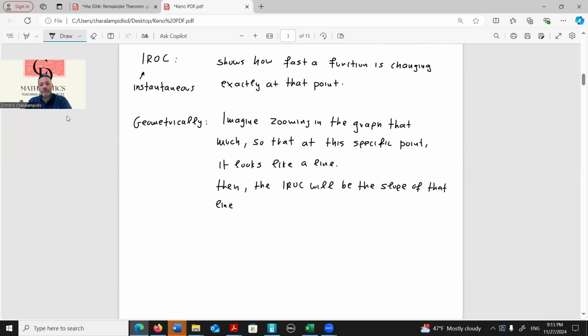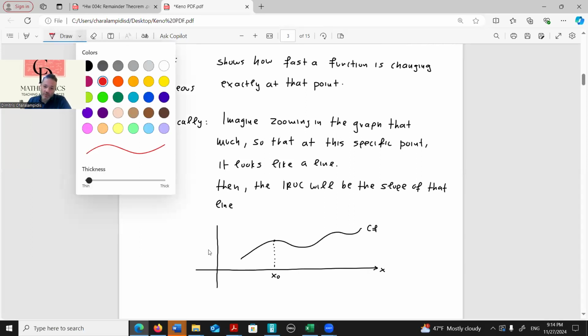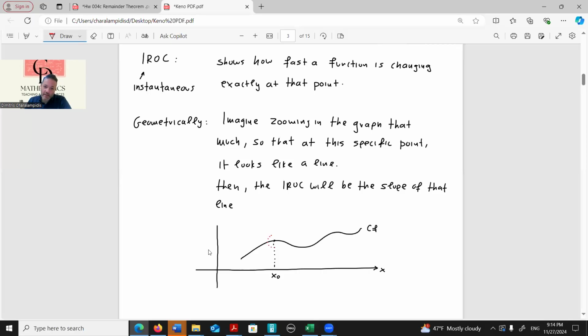If I try to do that here, if we have, let's say, the graph of f, and I want to calculate the instantaneous rate of change at x0, I should think of that as zooming in so much that at this point the graph doesn't look like a curvy one, but more like a line.